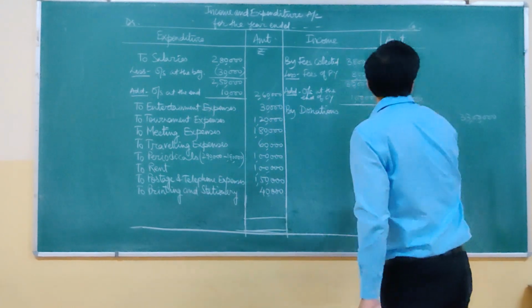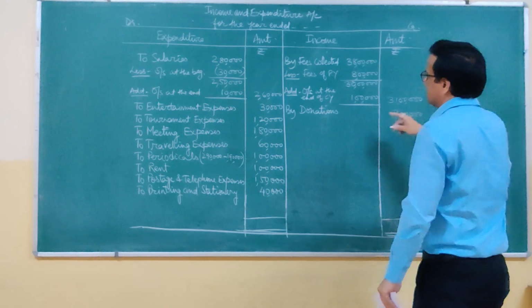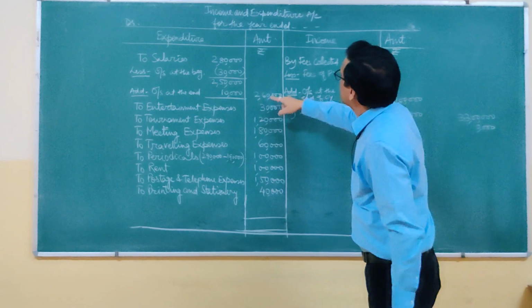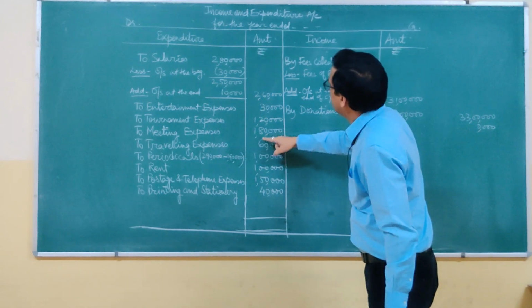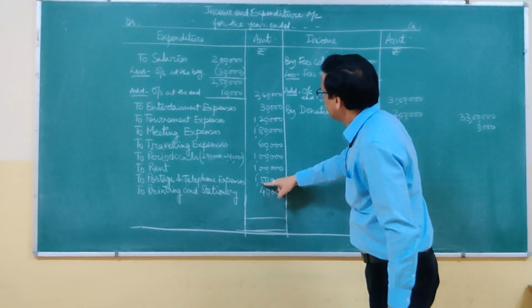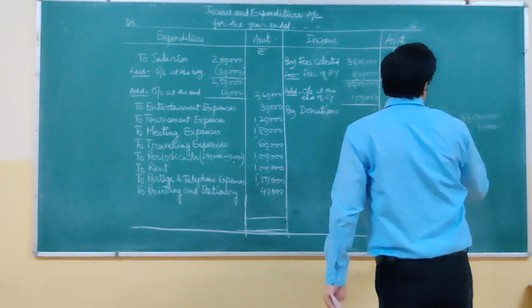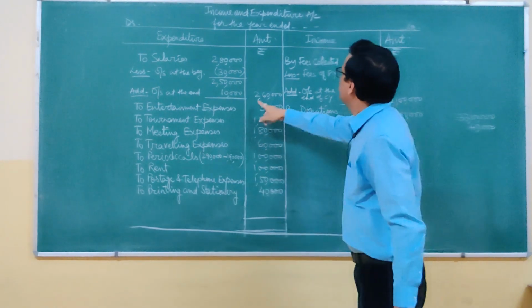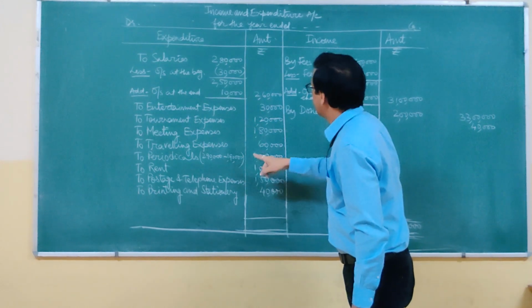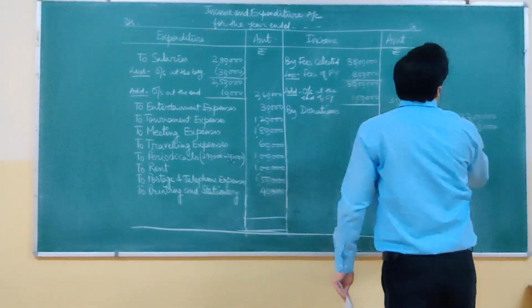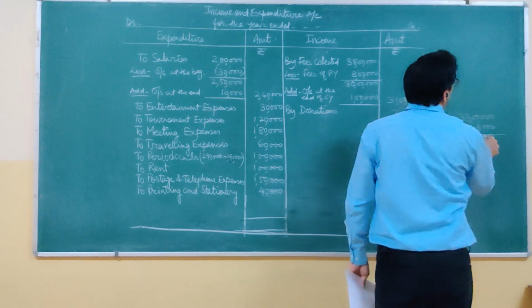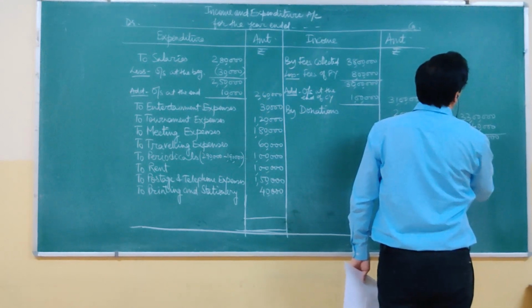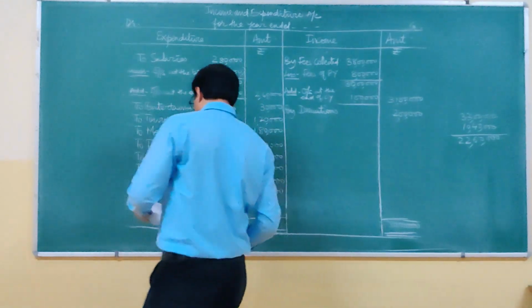So let us take the total of debit side. It is 22,60,000. So it is surplus.